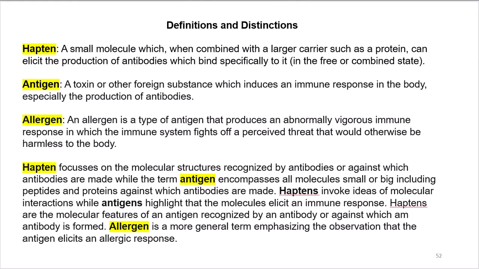So most common people are not going to say, it's a hapten. But you as pharmacists or whatever should understand a hapten is like the business part of the molecule. It's actually what the antibodies are made against. So if that hapten occurs, it doesn't matter what molecule it occurs in, it potentially could cause an allergy.